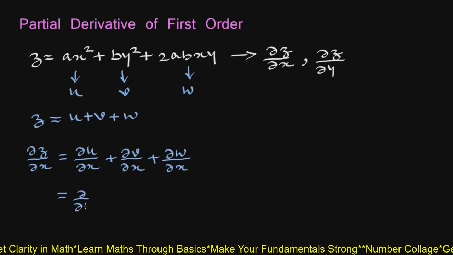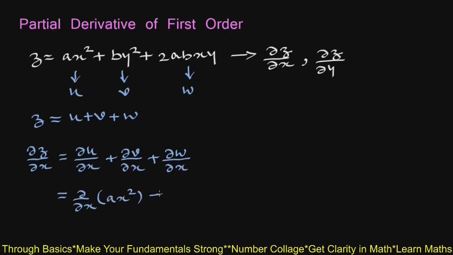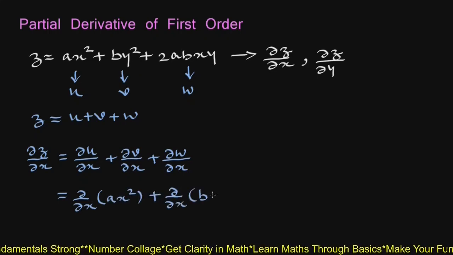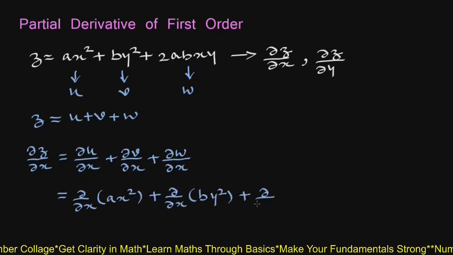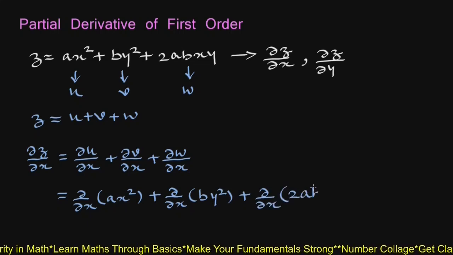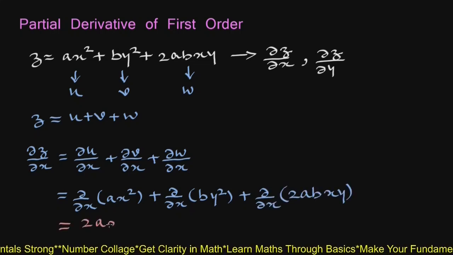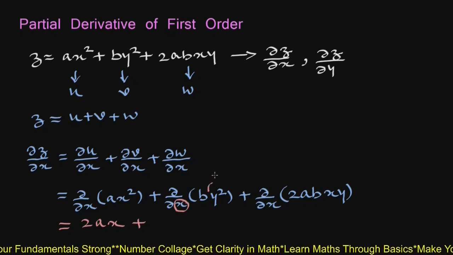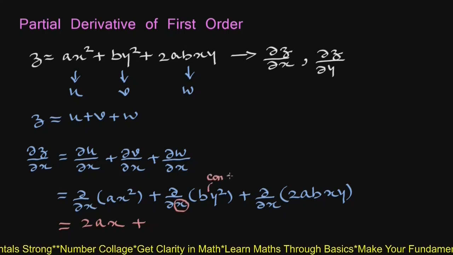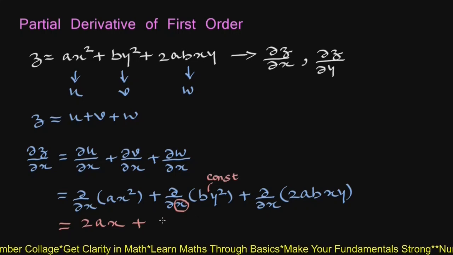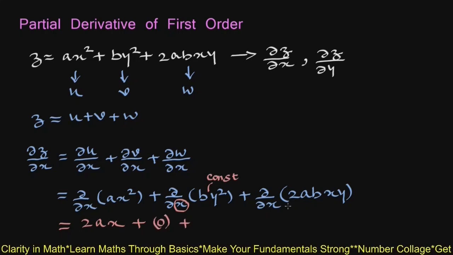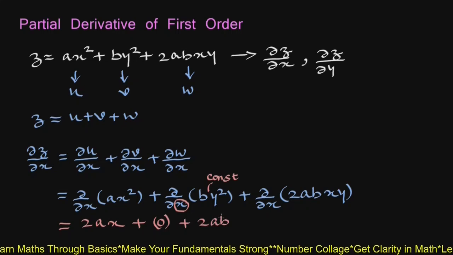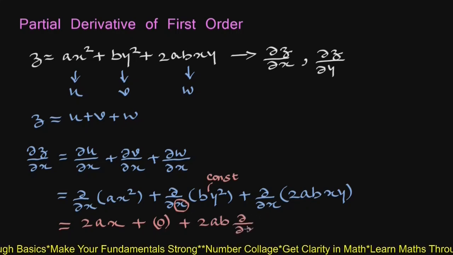So ∂/∂x of ax² plus ∂/∂x of by² plus ∂/∂x of 2abxy. This is 2ax, with respect to x. So by² is to be treated as constant, and the derivative of a constant is 0. So this is 0 plus 2ab, which is constant, times ∂/∂x of xy.